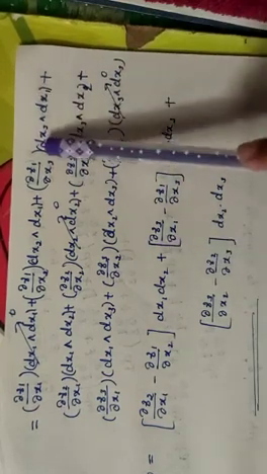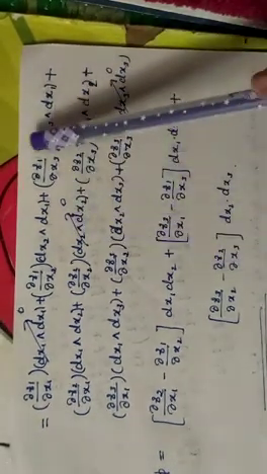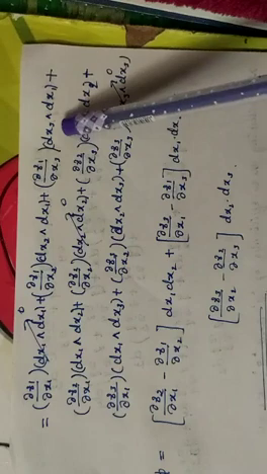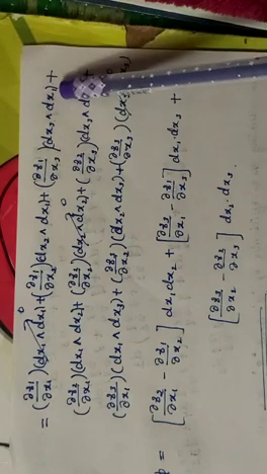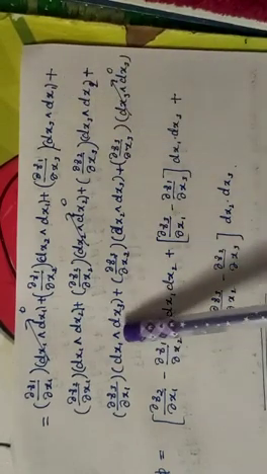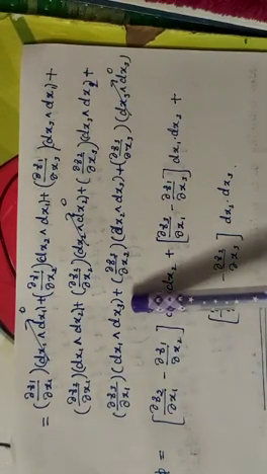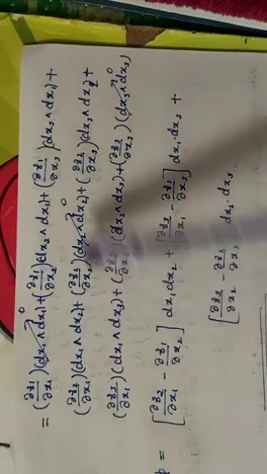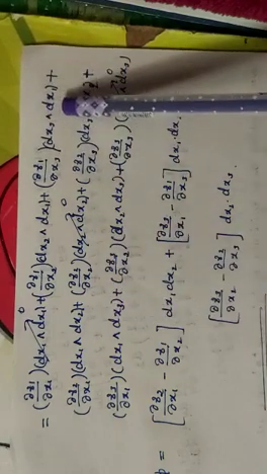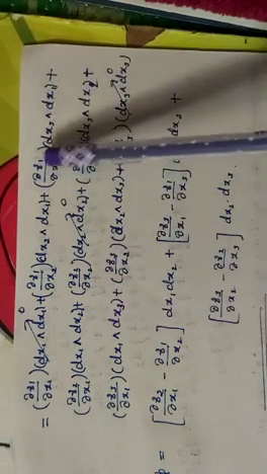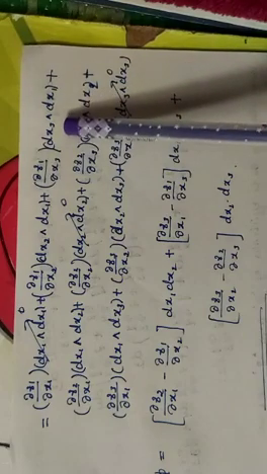Similarly, plus, observe here, del f1 by del x3 into dx3 wedge dx1 is there. And look here, del f3 by del x1 into dx1 wedge dx3 is there. So by using the anti-commutative property, this can be represented as minus del f1 by del x3 into dx1 wedge dx3.